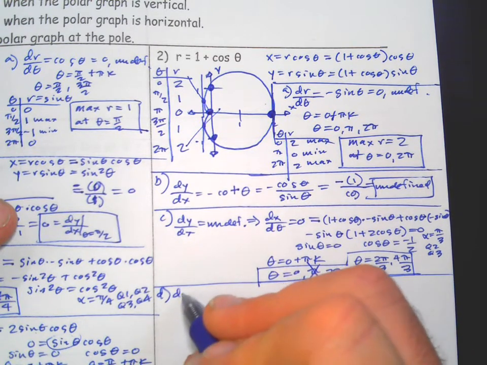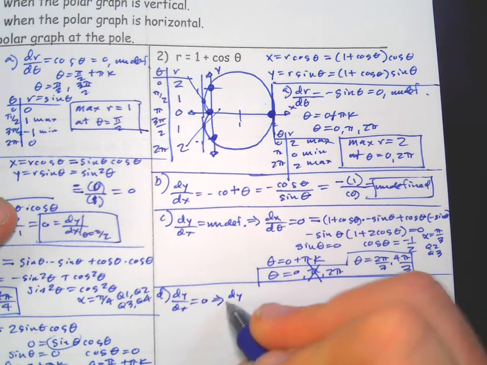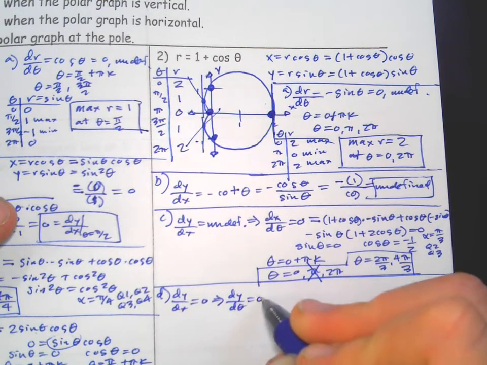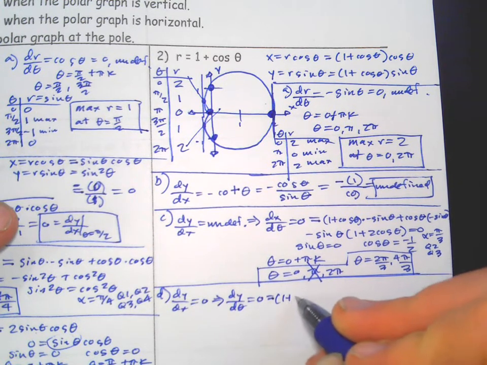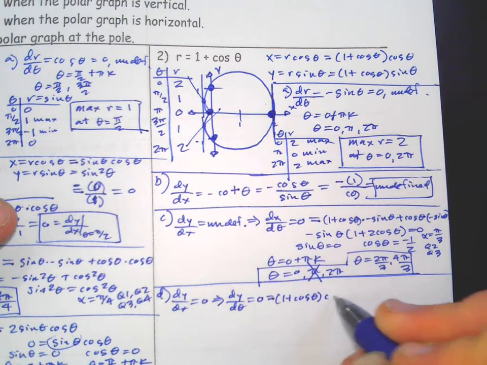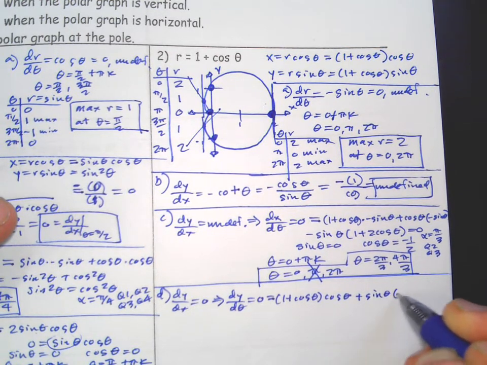So horizontal is going to be when the slope equals 0, so it's when dy d theta equals 0. And so the derivative of y is going to be 1 plus cosine theta times cosine theta plus sine theta times negative sine theta.